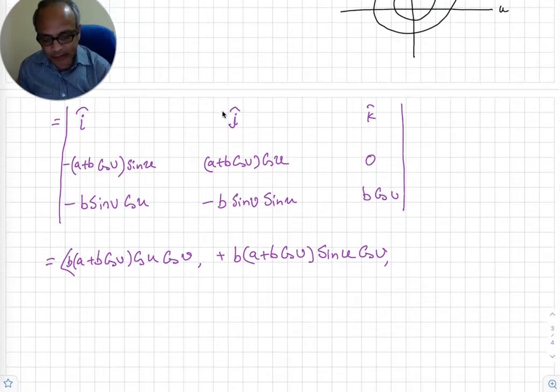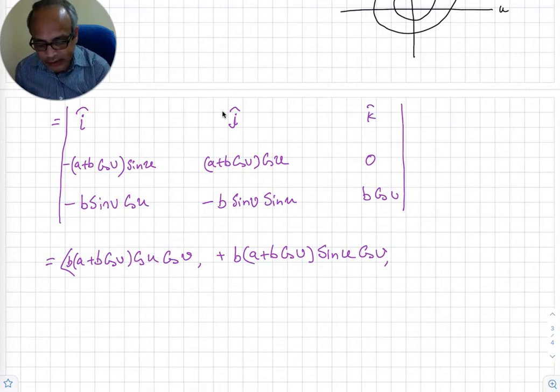I don't have enough room, so let's write it down here. So we need this cofactor, so this times this minus this times that.